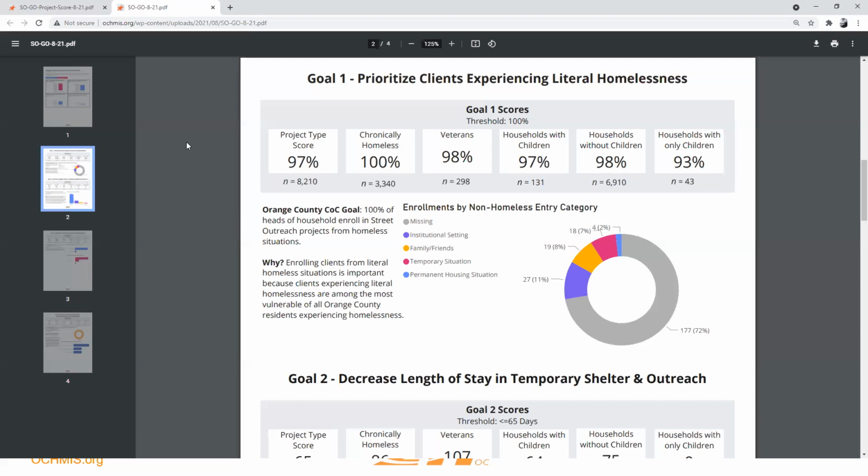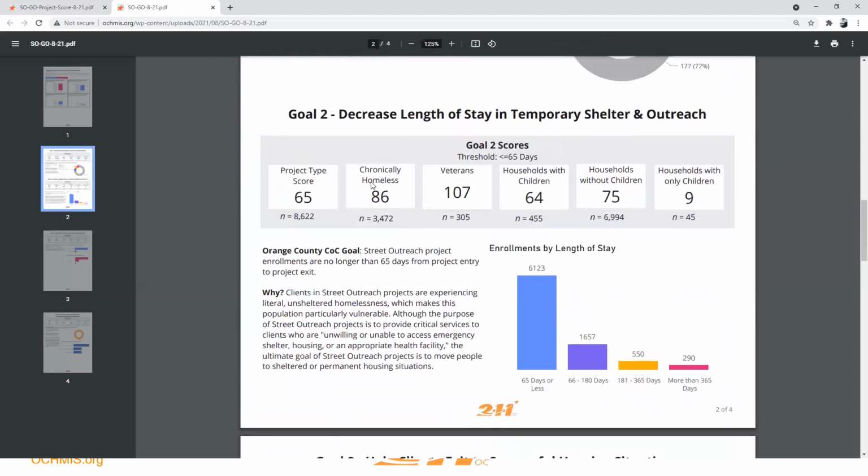Any other comments or thoughts on this measure before we move on? All right. Our next measure is looking at the length of time that clients are enrolled in street outreach projects.